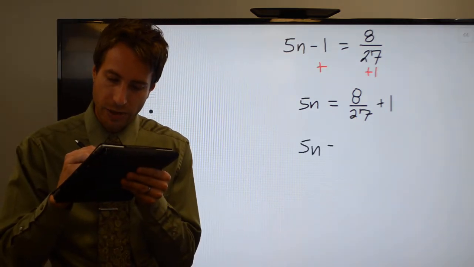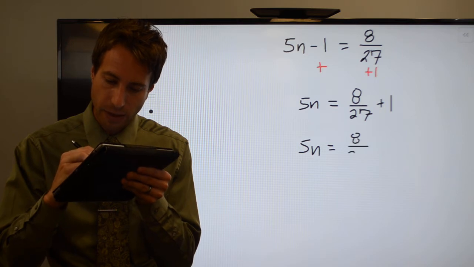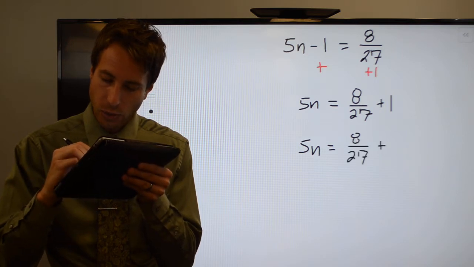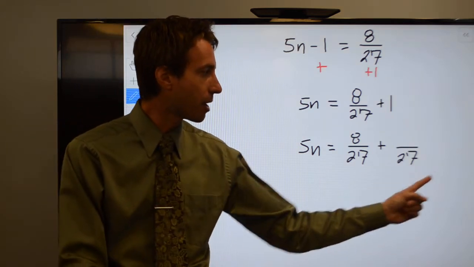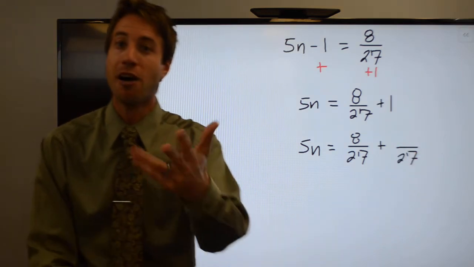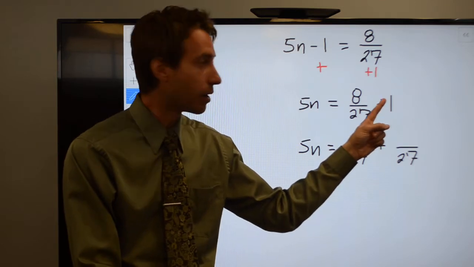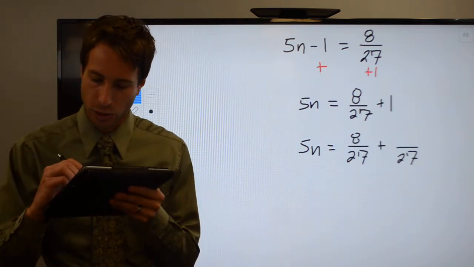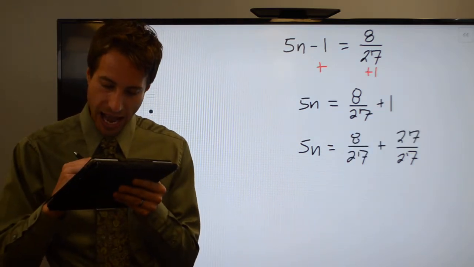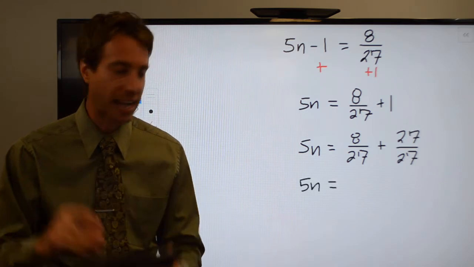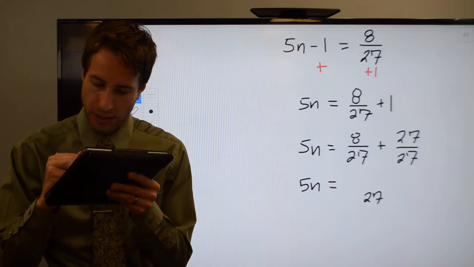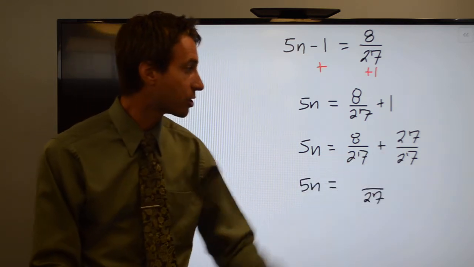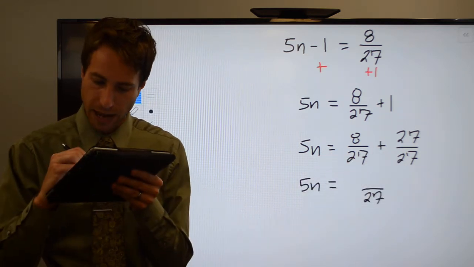My common denominator is going to be 27. So I get a 27 in the bottom. But in order to put a 27 in the bottom, I also have to multiply the top by 27. Fortunately, the top is a 1, and 1 times 27 would just be 27. I can now add these fractions together because I have a common denominator. My common denominator is 27. And 8 plus 27, I believe, is 35.